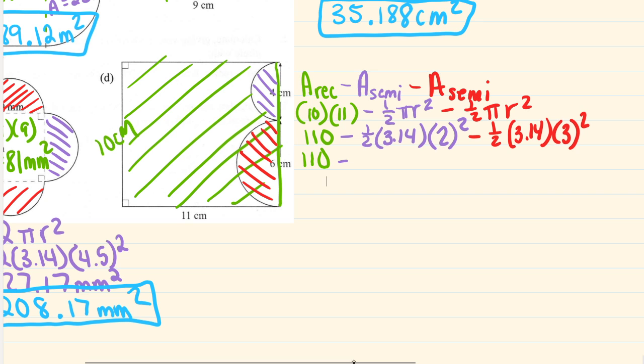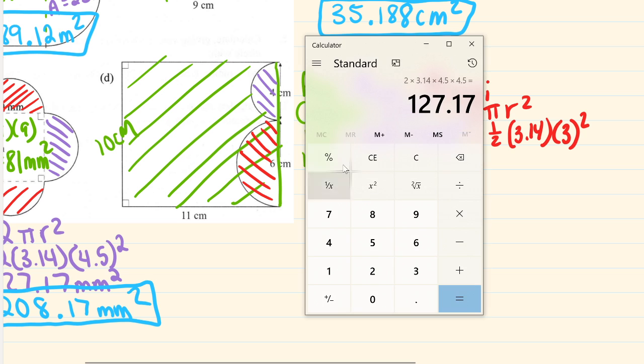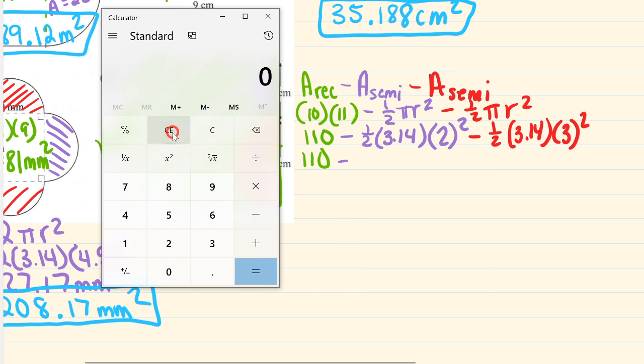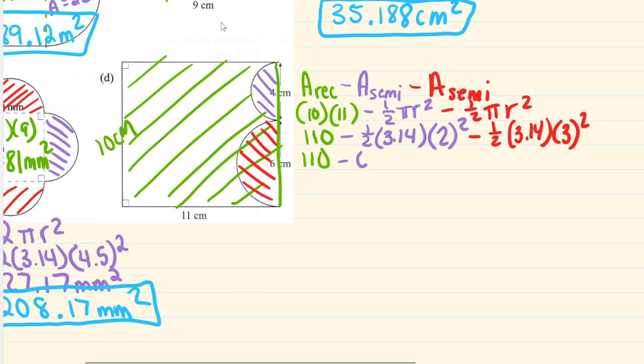Alright, we're going to type this in the calculator. So 1/2 times 3.14 times 2 times 2 is 6.28.